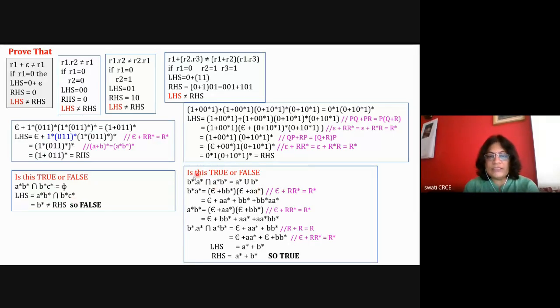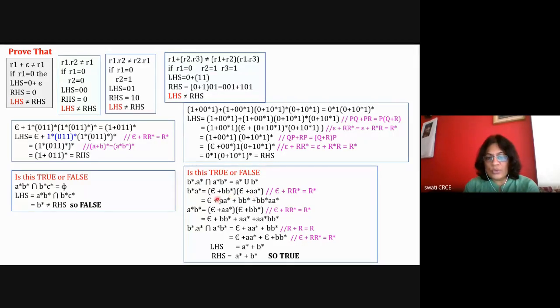Then here, is this true or false? B star A star intersection A star B star is equal to A star union B star. So is it true or false, that we have to see. We can rewrite R star as epsilon plus R R star. So we can write B star as epsilon plus BB star and A star as epsilon plus AA star.